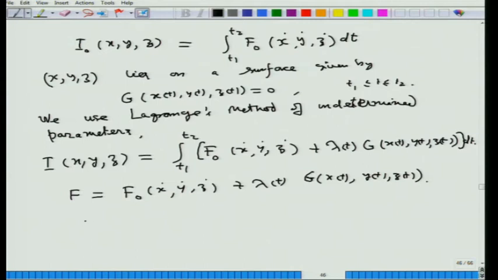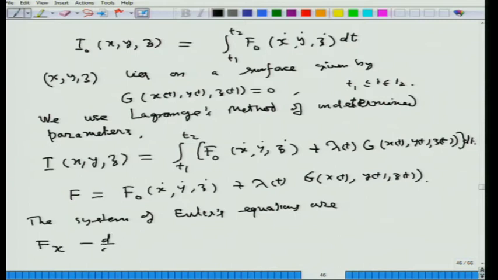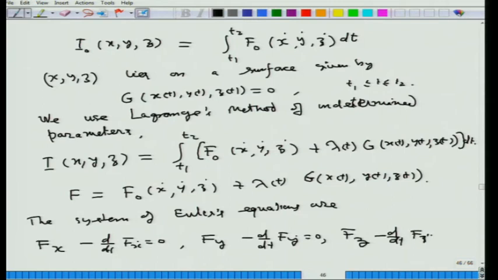And so, we get the system of Euler's equations: f x minus d by dt of f x dot equal to 0, f y minus d by dt of f y dot equal to 0, and f z minus d by dt of f z dot equal to 0.